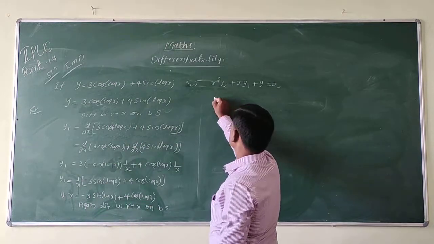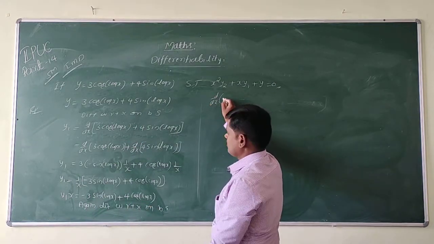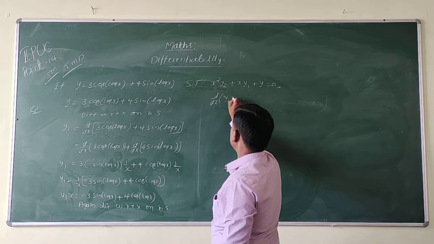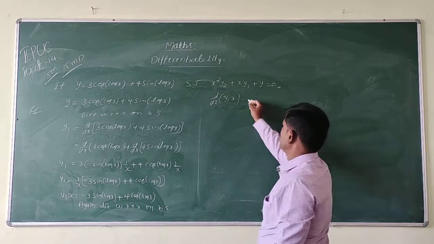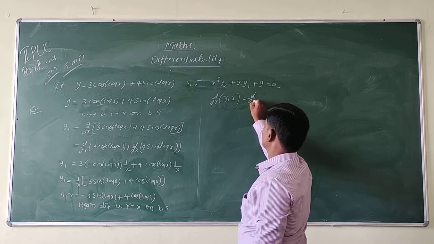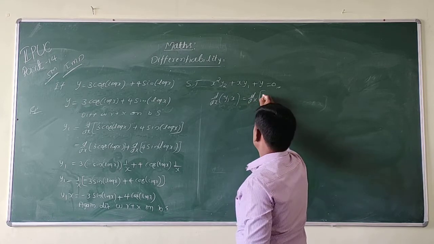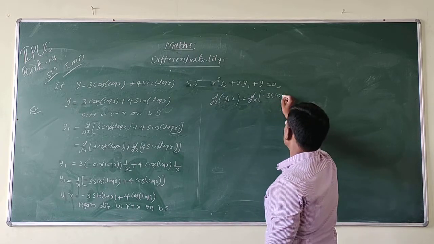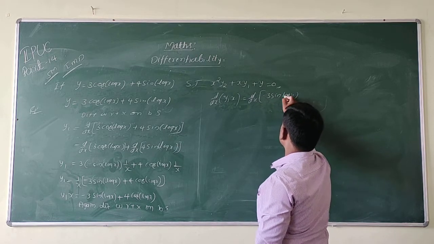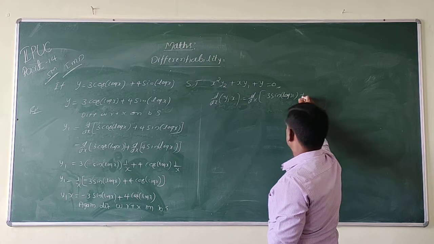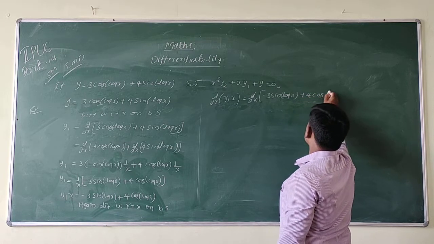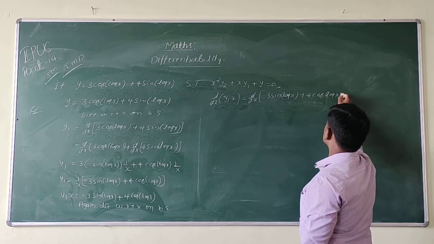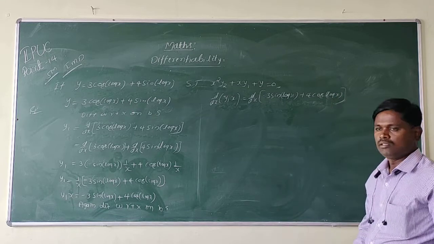That is d by dx of the term y1 into x is equal to d by dx of the whole term, −3 sin(log x) + 4 cos(log x).